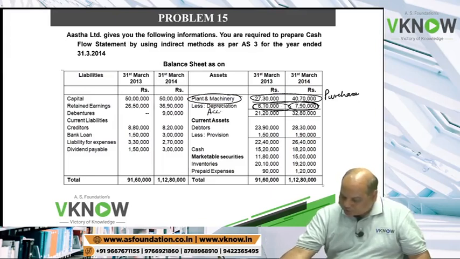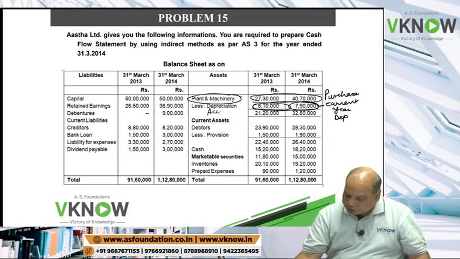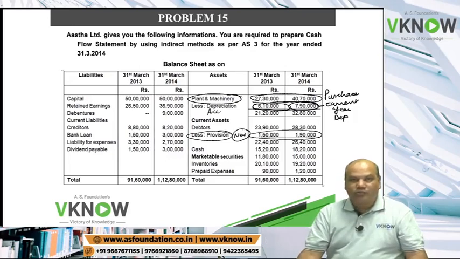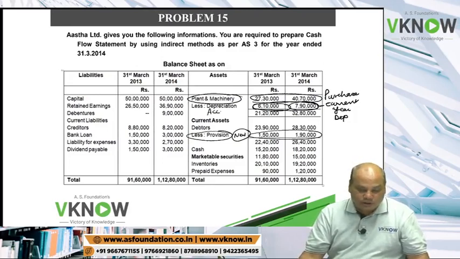The difference in accumulated depreciation will indicate the current year depreciation. Current asset debtor, and one new item has come, provision for bad debt. This is something new. We will discuss it when we come to debtors.